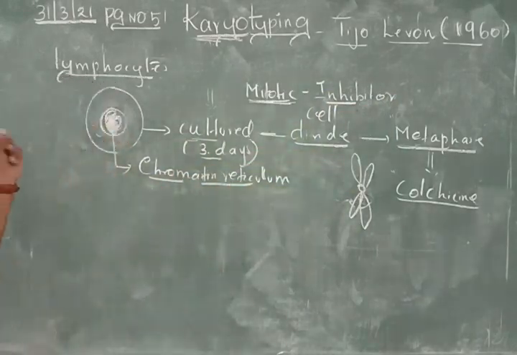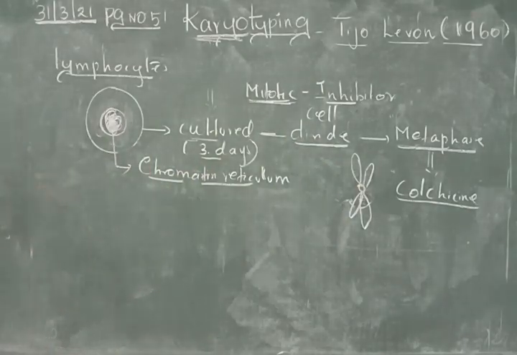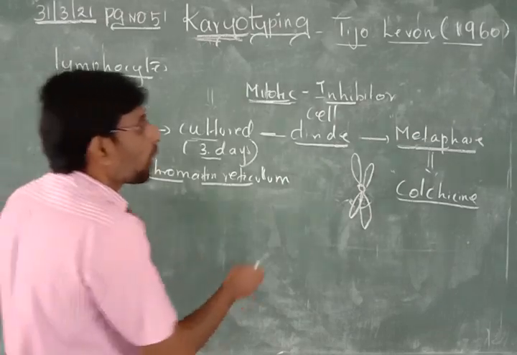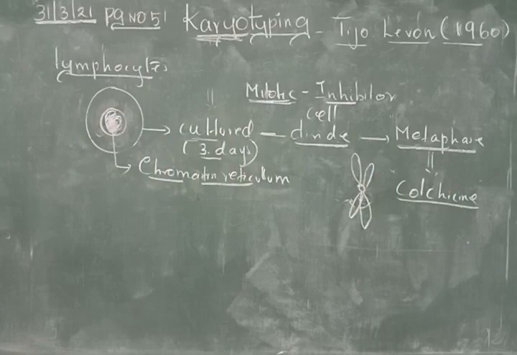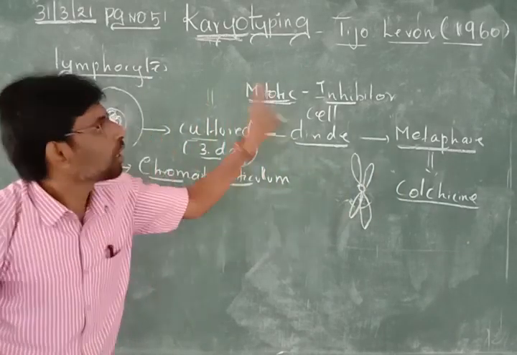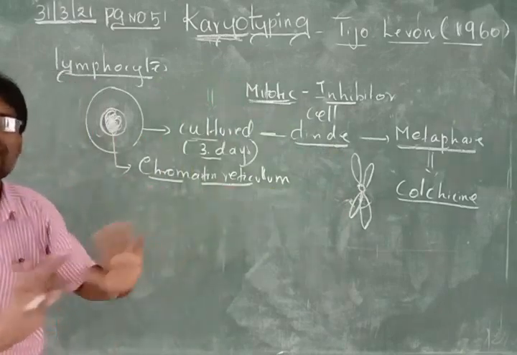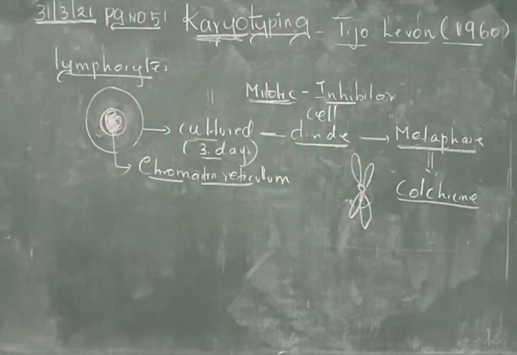Okay, so why is cell division stopped at the metaphase? Only in the metaphase can you see the chromosome structure, size, shape, everything clearly. So how can you view this chromosome in the metaphase? Under the microscope. Under the microscope, the chromosome structure, shape, everything will be clearly shown when the cell is stopped at the metaphase.